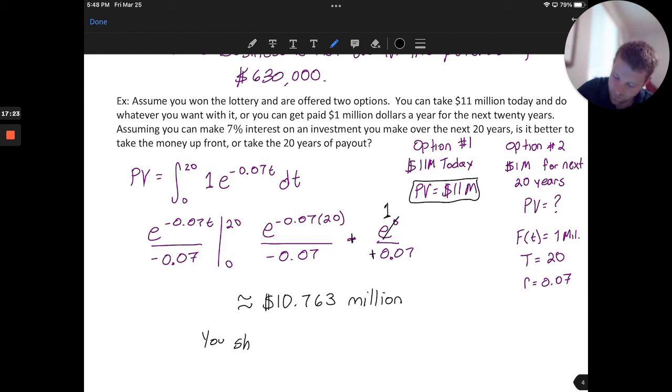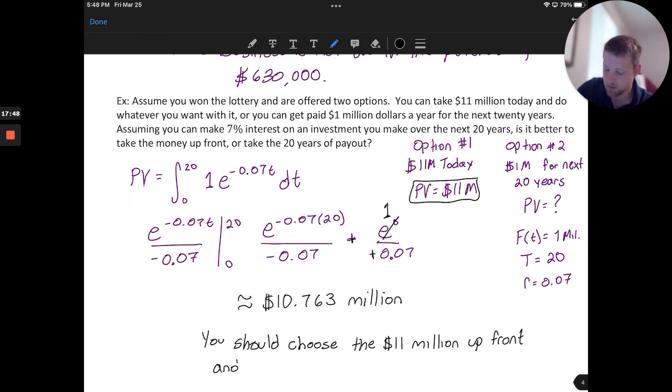So this would tell me you should choose the $11 million upfront, or the lump sum, and invest it at 7% interest.